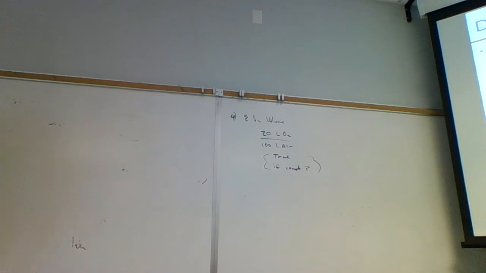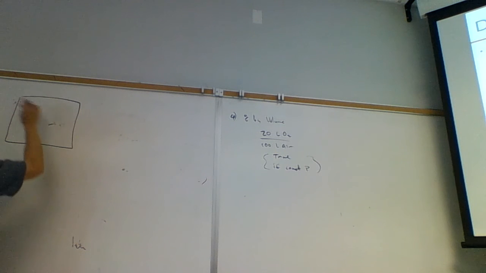One way is the Dalton's mixture. Dalton's mixture is going to say this 100 liters of air consists of nitrogen and oxygen. In other words, 100 liters of air consists of 100 liters of oxygen.